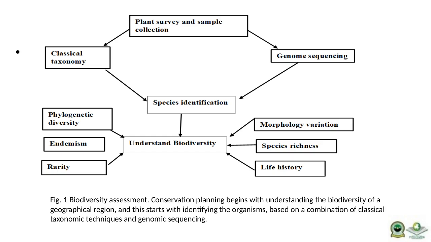You can talk about the phenologic diversity, endemism, rarity, morphological variation, species richness, and life history. So by the time you understand the biodiversity of that organism, we now begin to talk about these other areas, like phylogenetic diversity, the physical appearance and the morphological variation, and so on and so forth.